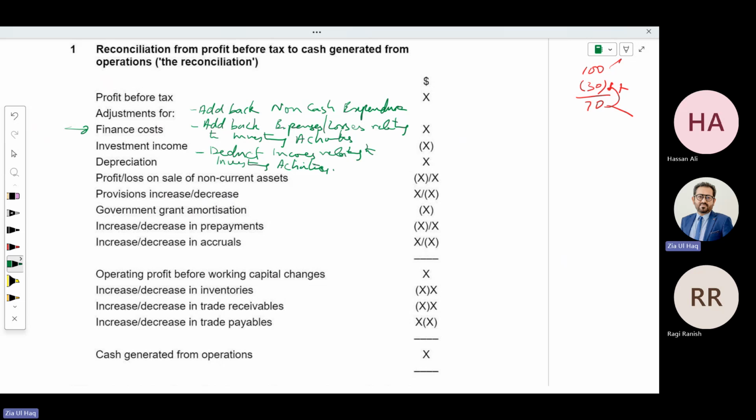Provision increase or decrease, leave it for a moment. Government grant amortization. What does that mean? It's not amortization of intangibles. It means transfer to P&L.